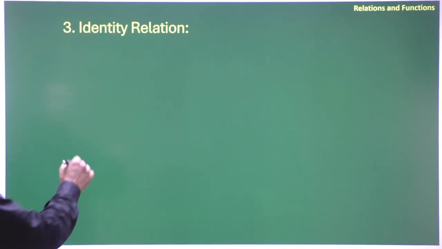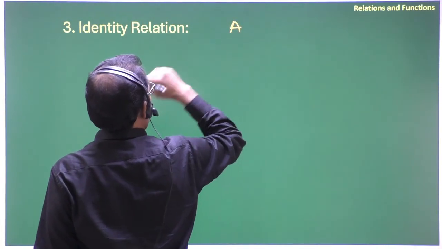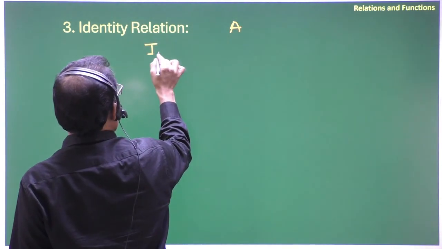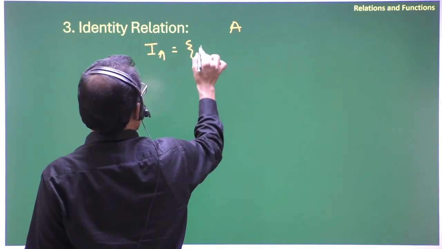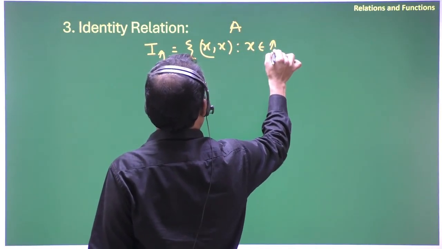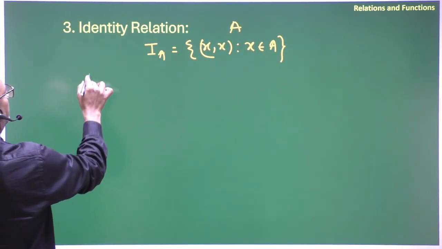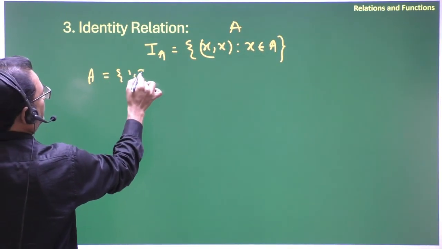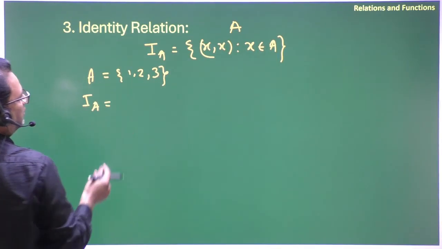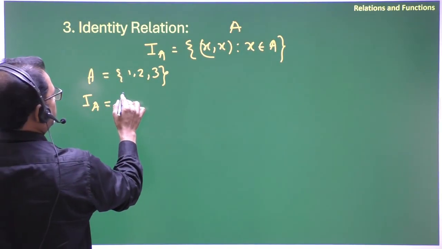Okay, now coming to the next part, the identity relation on the set A. If you take any set A, the identity relation is defined as I of A, which is equal to the set of all (X, X), where X is an element of A. For example, if you take A equal to 1, 2 and 3, then I of A will be the elements which are associated with themselves, which is called the identity relation.